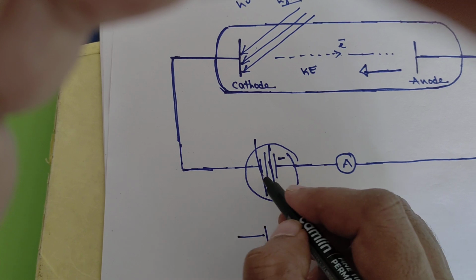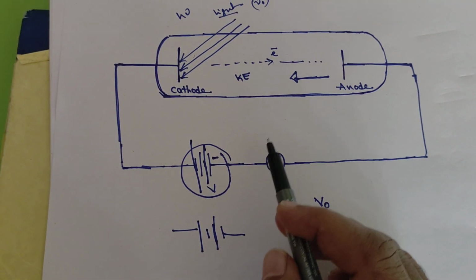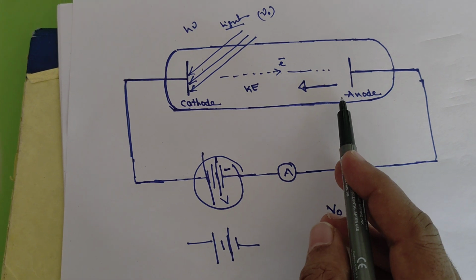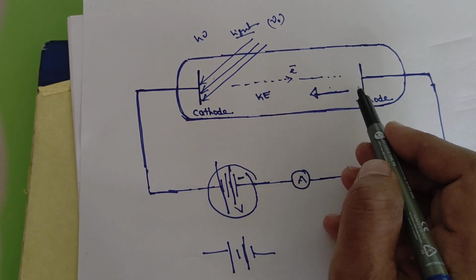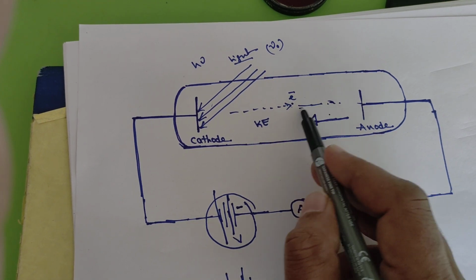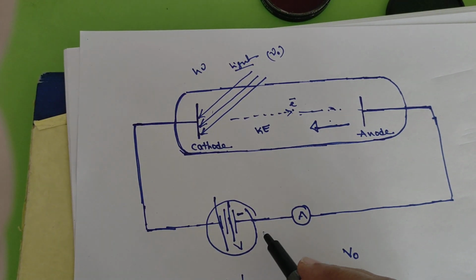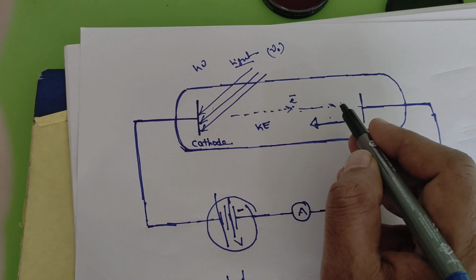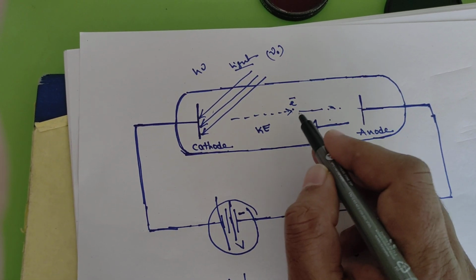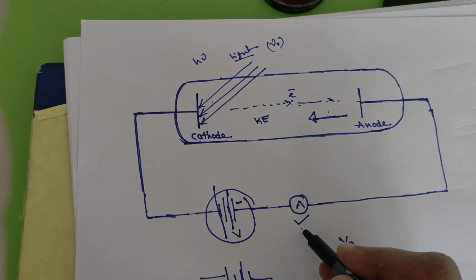Then the anode is given the opposite potential, which is negative, and the negative and the electron repel each other. If you apply a suitable negative potential here, it stops the electron flow towards the anode, because at that particular moment the current value on this ammeter is 0.